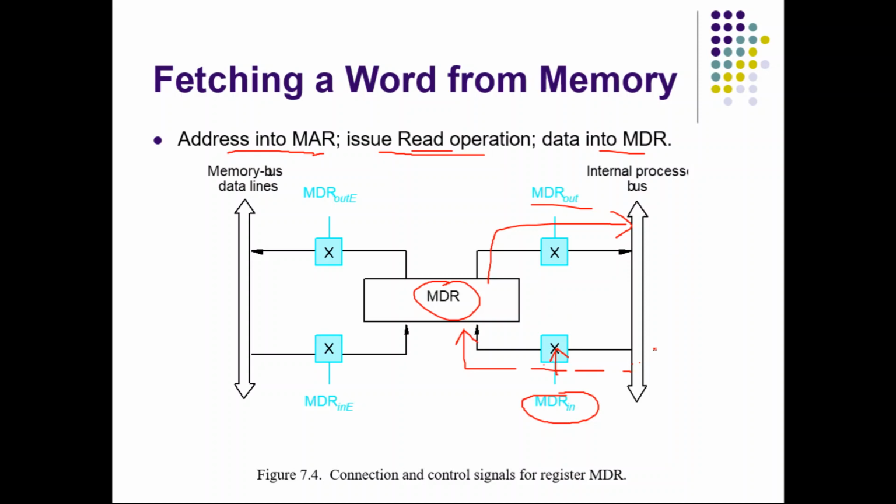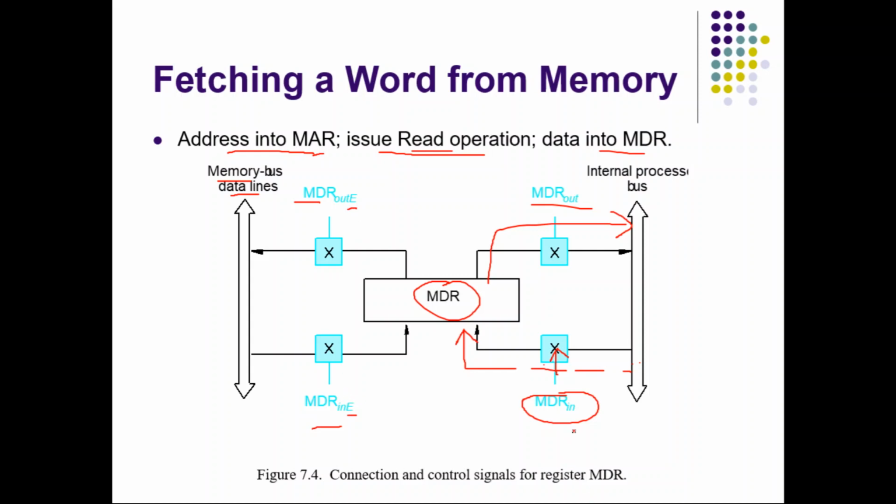This is the processor bus, right? Similarly, it also has a connection with the external bus or the memory bus. So here also it can perform MDR in and MDR out. But to differentiate these two, we call them MDR in E and MDR out E. E stands for external bus.